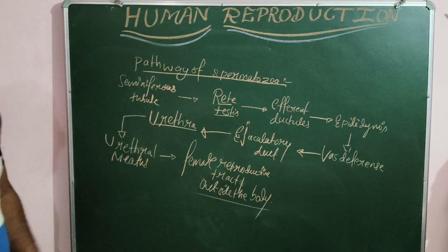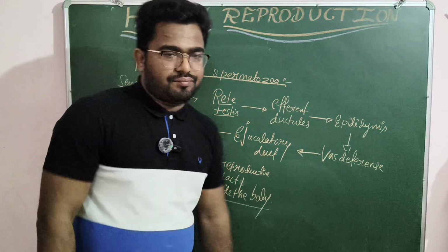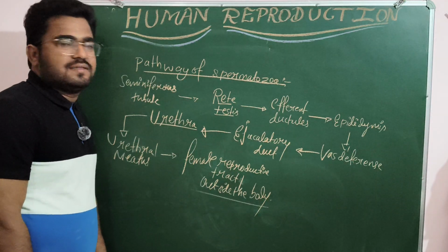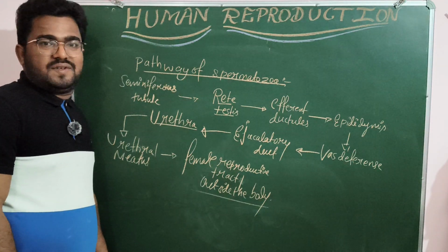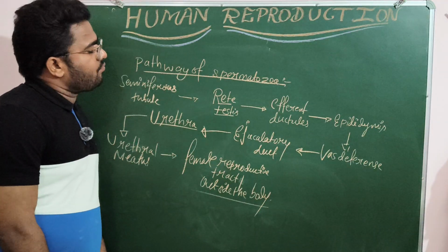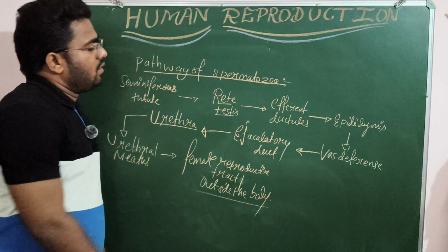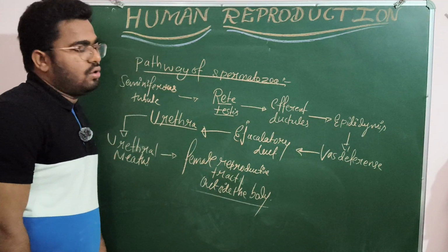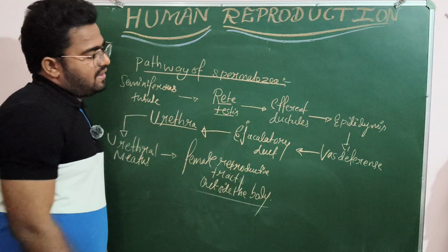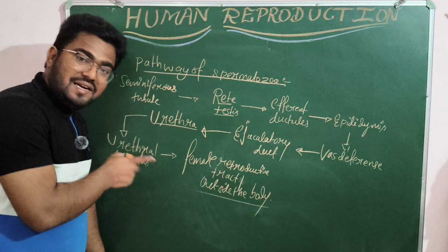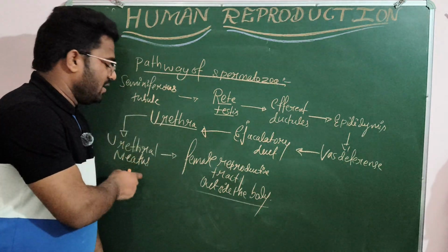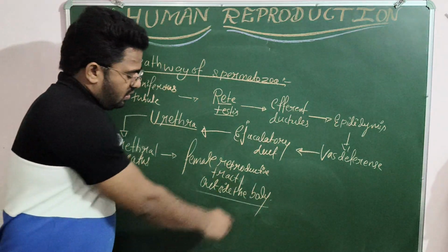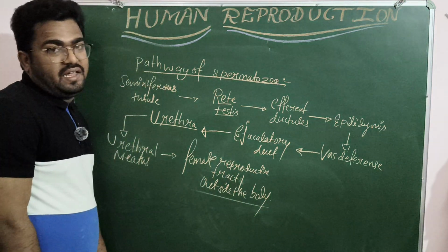Don't have any confusion regarding the pathway of spermatozoa. Seminiferous tubule: inside it, spermatogonia cells are the sperm mother cells which facilitate the formation of spermatozoa. Now mature spermatozoa are transferred to the testis, then efferent ductus or vas efferentia, then epididymis, then vas deferens, then ejaculatory duct, then urethra, then urethral meatus, and then the female reproductive tract, or outside the body.